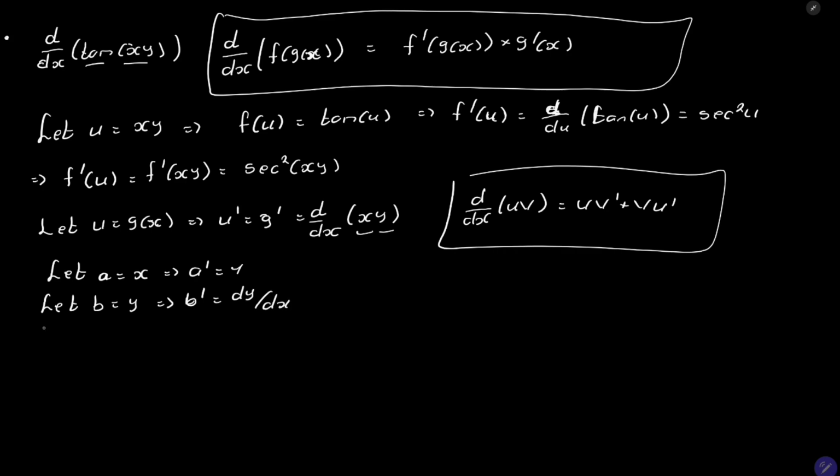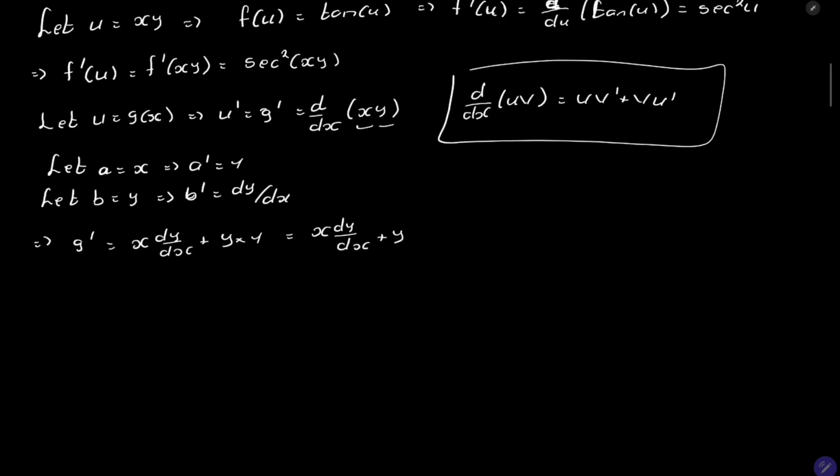This implies that the derivative is equal to a db plus b da, which gives us x dy on dx plus y times 1, which gives us x dy on dx plus y.